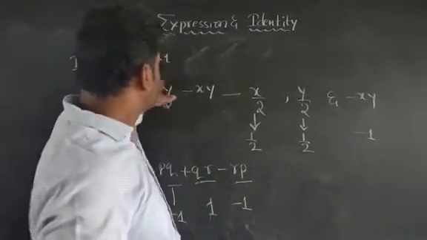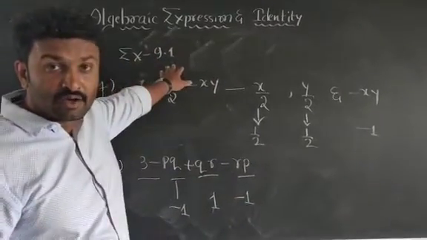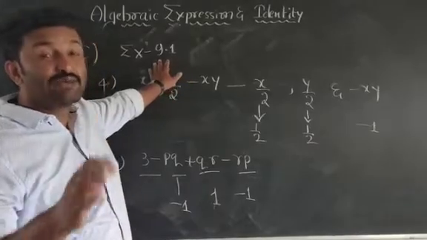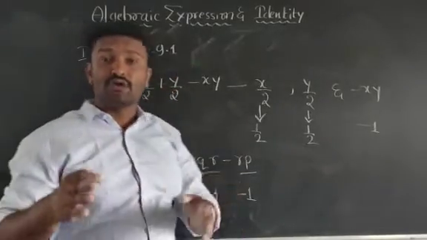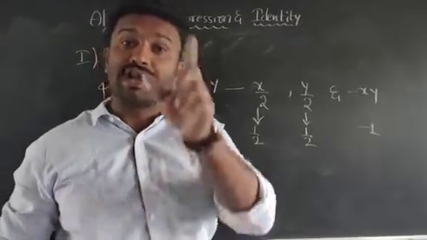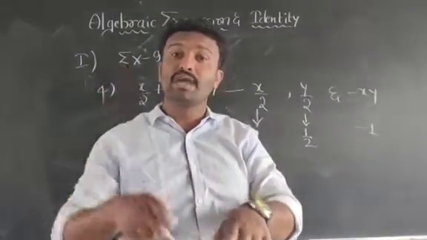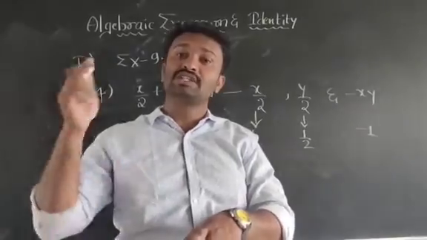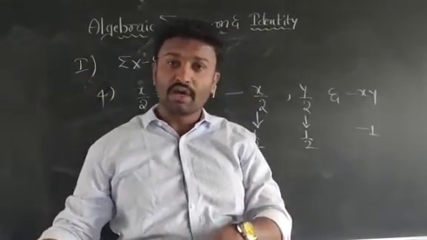And in the second main of 9.1, they are given some expressions. You have to identify which one is monomial, which one is binomial, which one is trinomial or a polynomial.